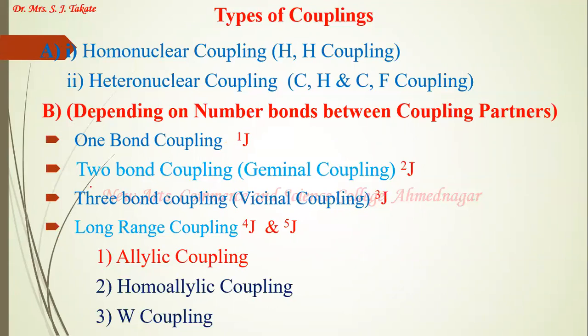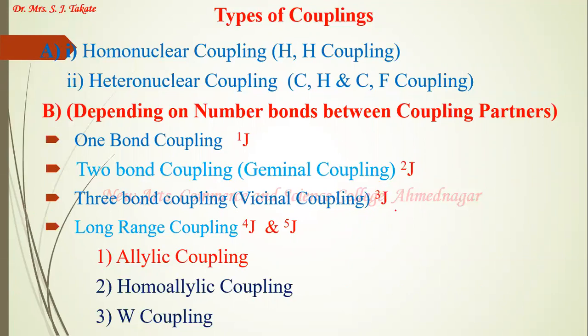Then the next one is two bond coupling, which is also called geminal coupling, represented as J2. Next type is three bond coupling, also called vicinal coupling, and is denoted by J3.